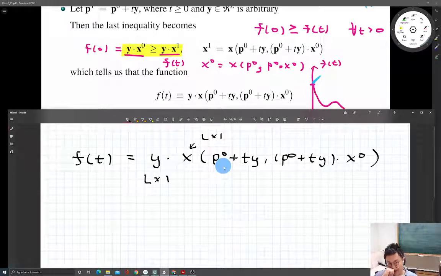Then in terms of the product, I have to take the transpose on y, so y transpose times x.